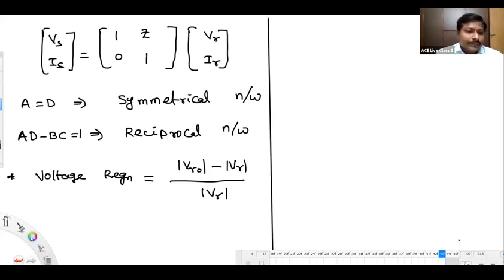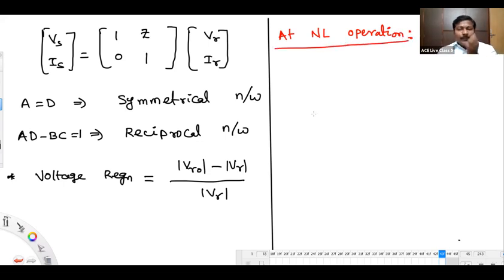At no load operation, receiving end current is equal to 0. Then what is Vs?